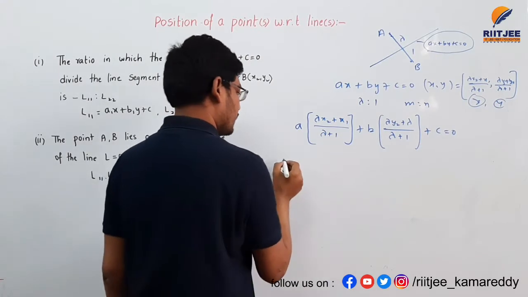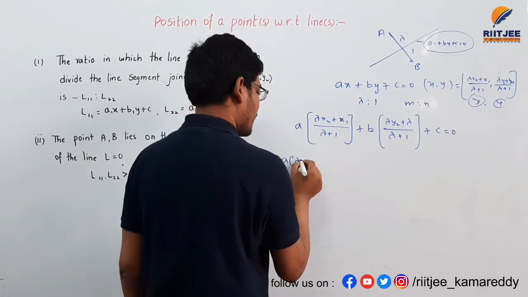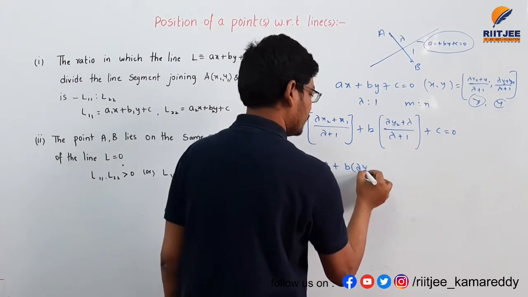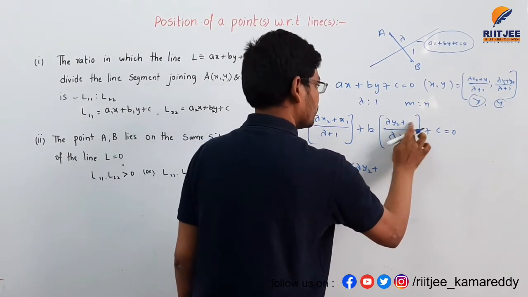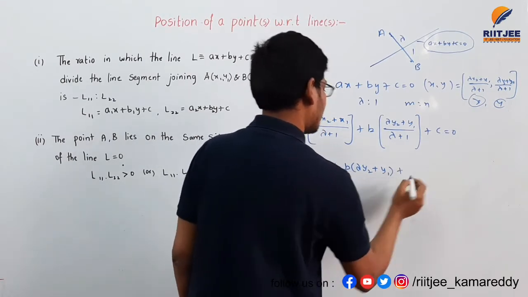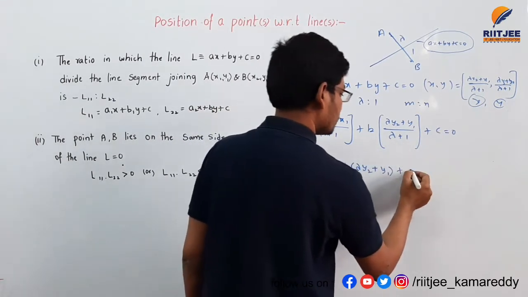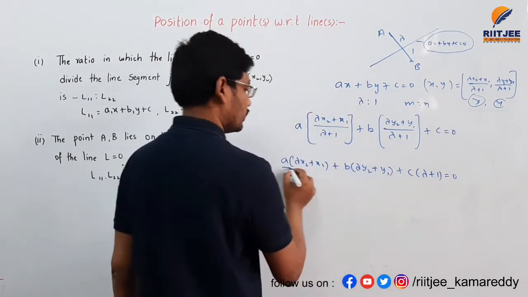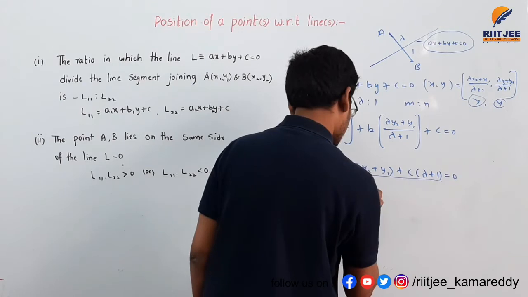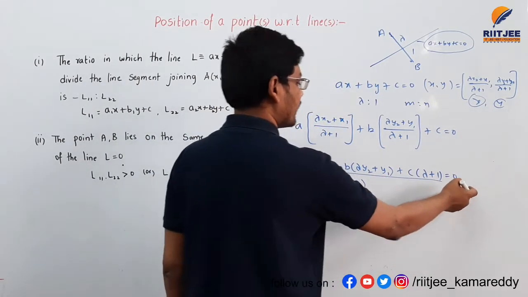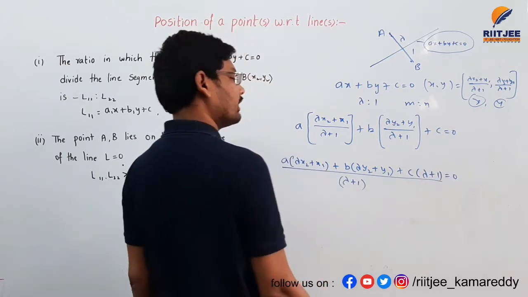So by solving this, a of (lambda x2 + x1), b of (lambda y2 + y1), and if you take the LCM, lambda + 1, plus c into (lambda + 1) is equal to 0. If you send this lambda + 1 to the right hand side, it will become 0.